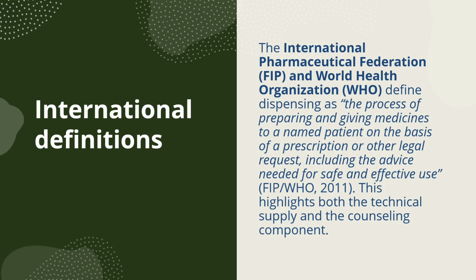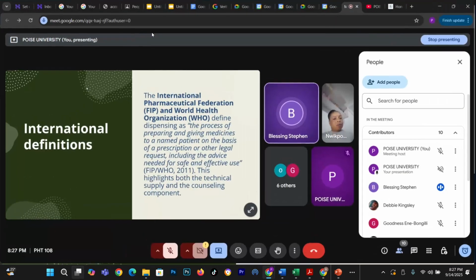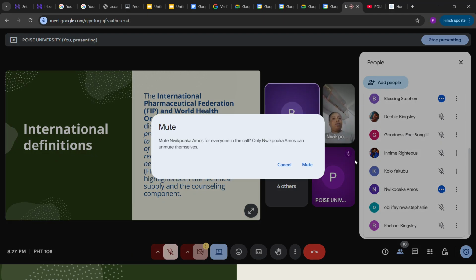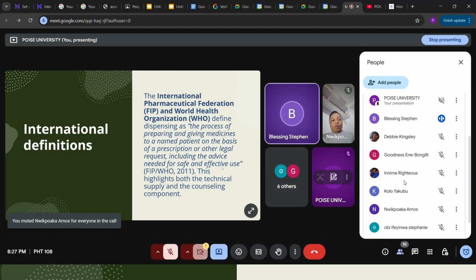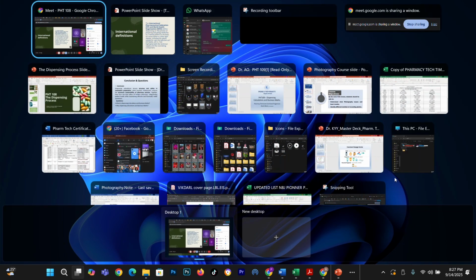The person has a name, on the basis that you received a prescription from a doctor, a physician, meaning as a technician, it's not standard practice, you shouldn't give drugs without a prescription. So you're giving the drug to the named patient, right?